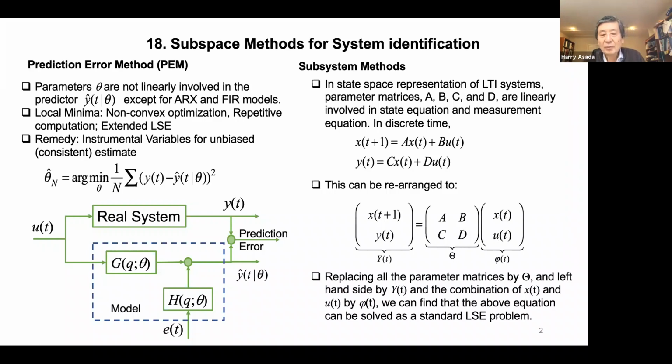So we can use just a standard least squares estimate to obtain this. That makes things much simpler. It's not a non-convex optimization, and that's much simpler.